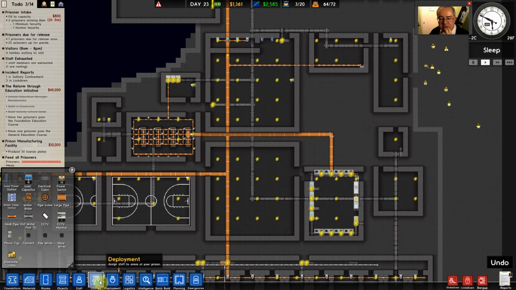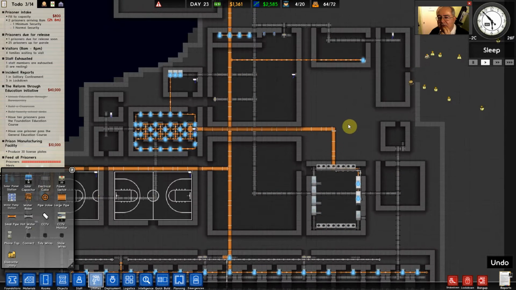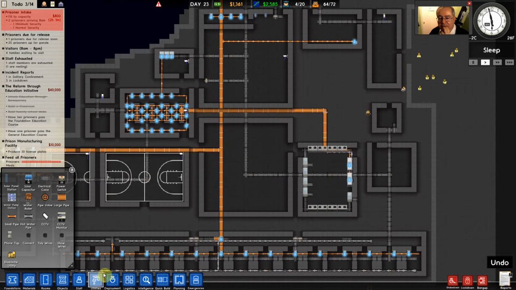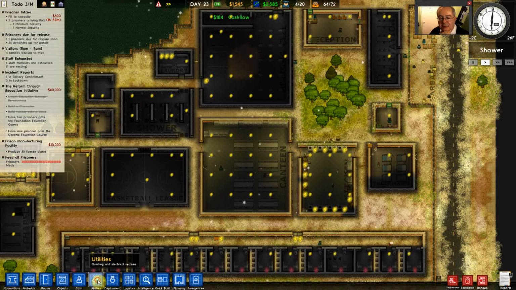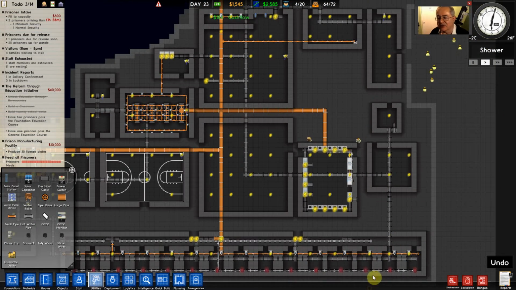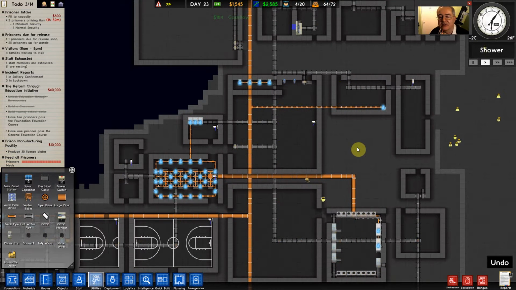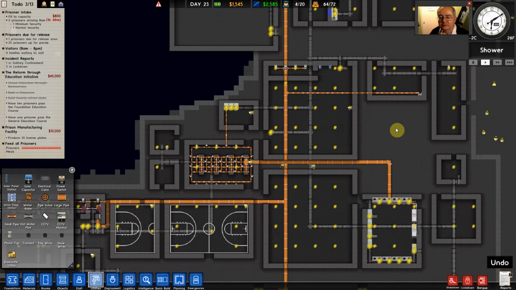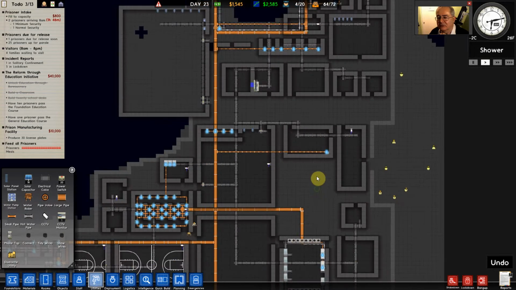Which room is this? The canteen and the kitchen. The infirmary. Should probably supply the infirmary as well. So this path should probably stay. But I need to cut off some stuff after all.